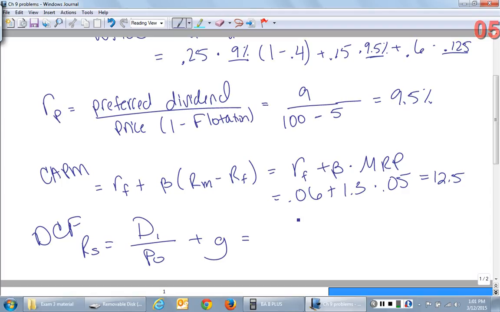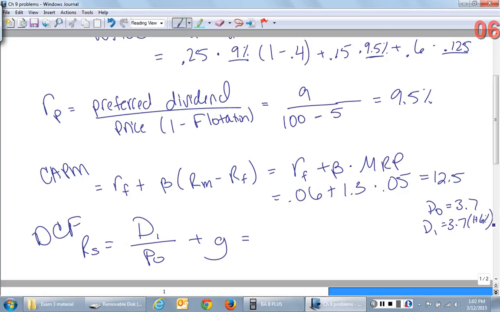So the next dividend payable, we would have to calculate. The problem said the last dividend paid was $3.70. So D1 would be $3.70 times 1 plus the growth rate. And the growth rate is 6%.